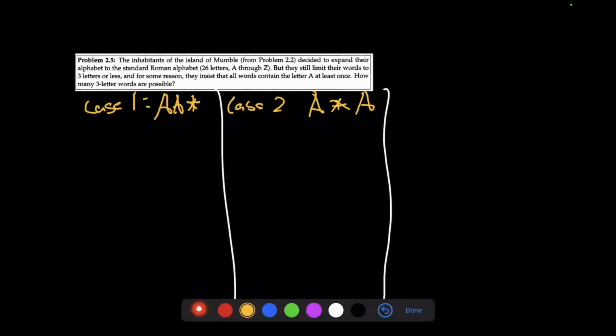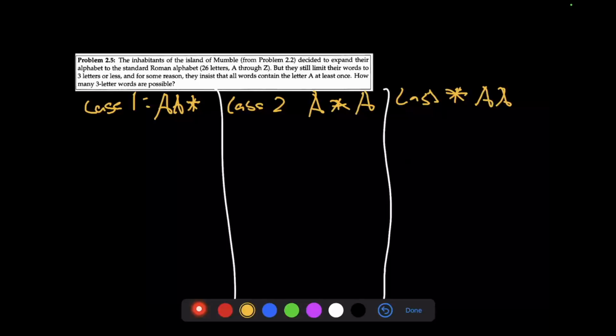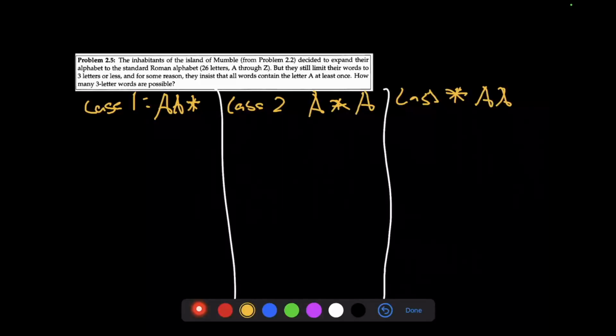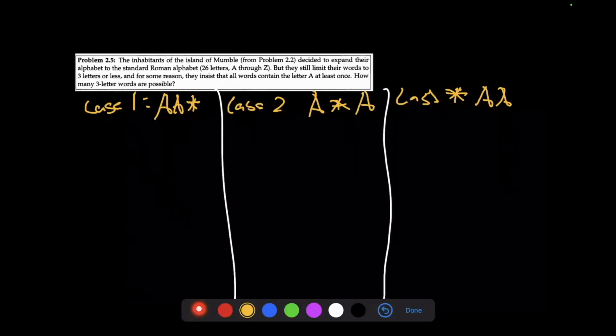And finally, you have case 3, where there's only one A. Sorry, there are 2 A's, but they are in the format shown. Okay, that's how many ways there can be 2. Remember that these cases are just for 2 A's, and we're going to have to count 1 A and 3 A's afterwards.